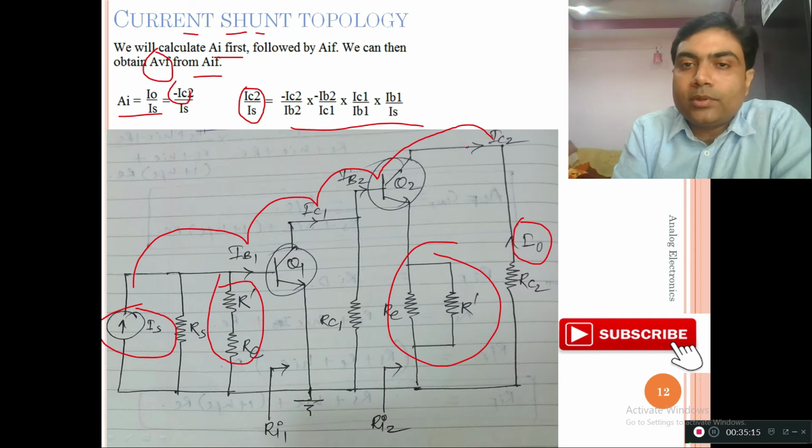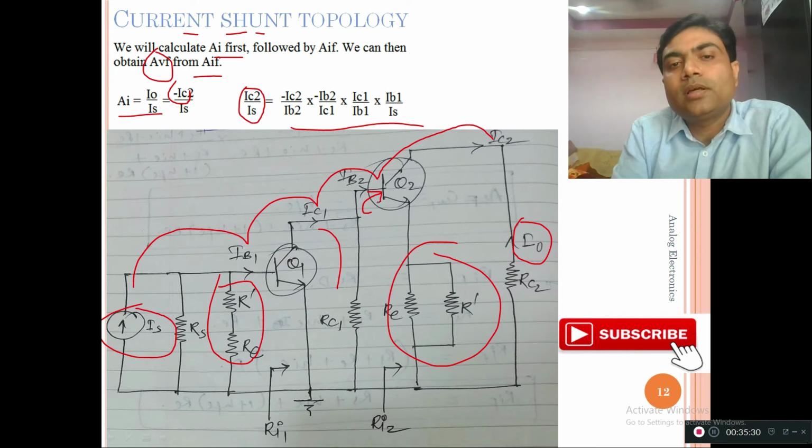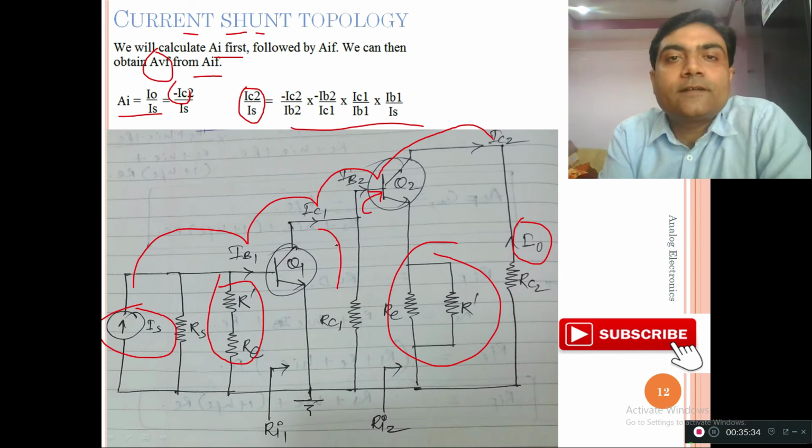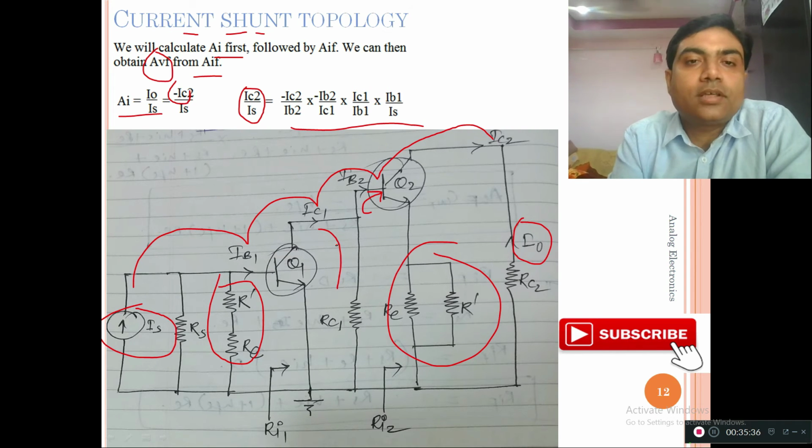Minus IC2 upon IB2: I have already given the reason, because Io and IC2 are in the opposite direction. Again, I have used IB2 upon IC1 with the minus sign, because IC1 is flowing through RC1 and IB2 is entering the Q2 terminal. So IB2 and IC1 are not in the same direction, though it seems from the slide that they are. They are in opposing directions, so we have to use the minus sign there also.